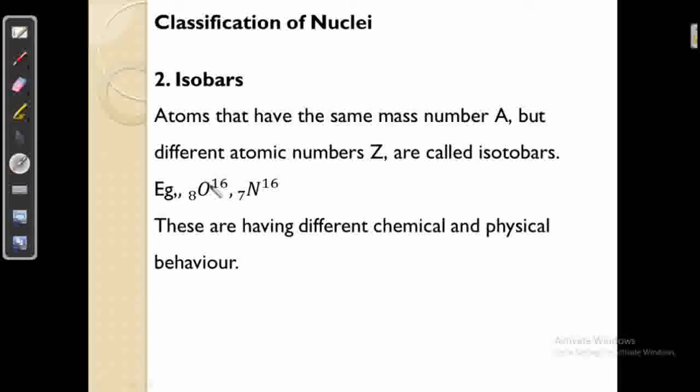Here the mass number is the same, but the proton number, the atomic number, is different. Here you have 8 neutrons, here you have 9 neutrons. So the number of neutrons is different, and they have different chemical and physical behavior, since the number of neutrons and the number of protons are both different.